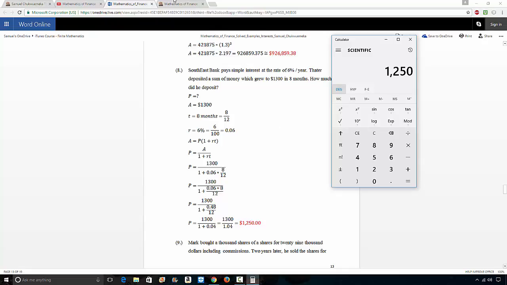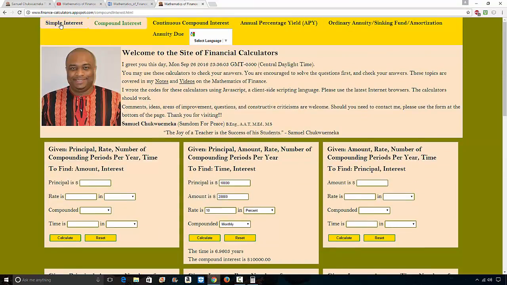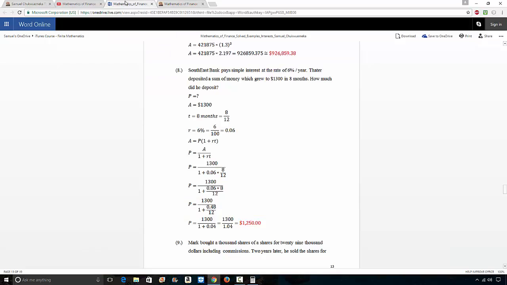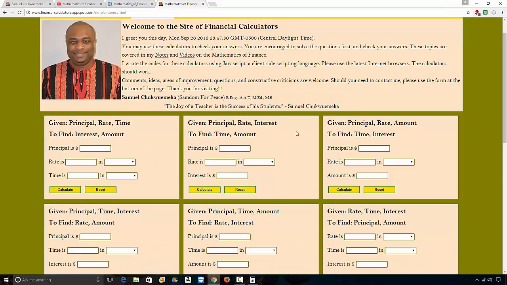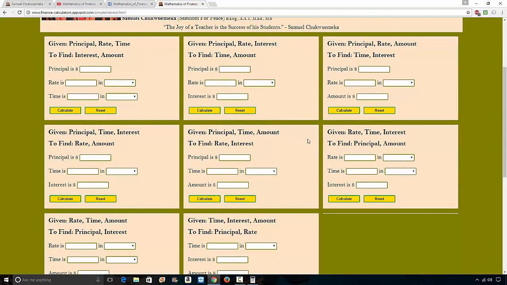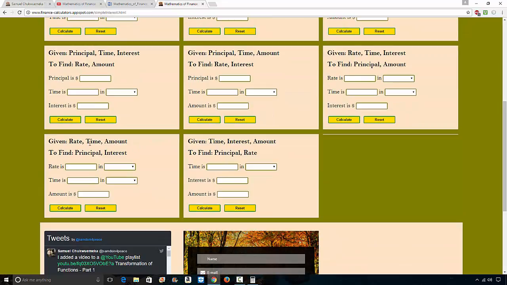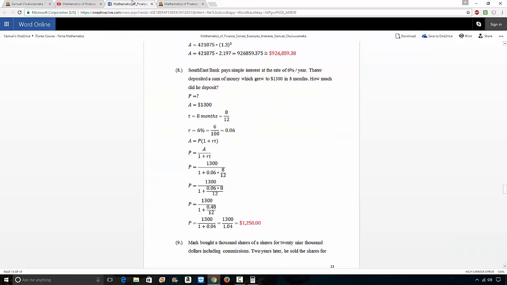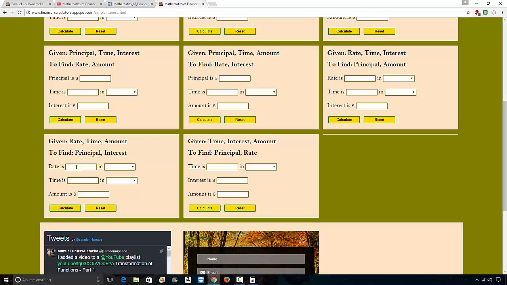Now if I have to use the calculator, you have to check simple interest here, and you're given the amount, rate, time, and you're asked to find the principal. So the rate is 6%, the amount is 1300, the time is 8 months.